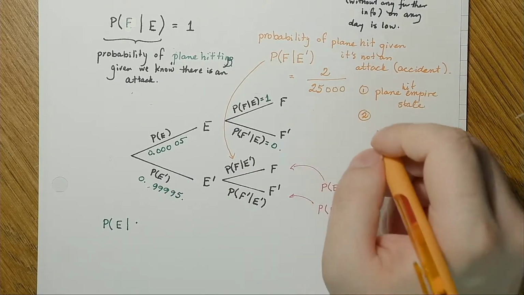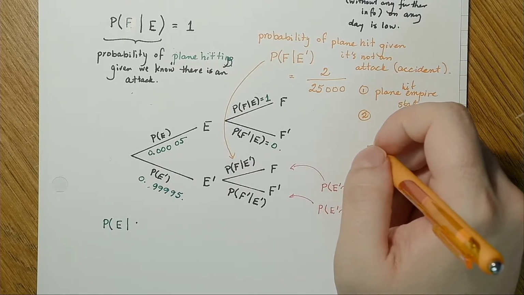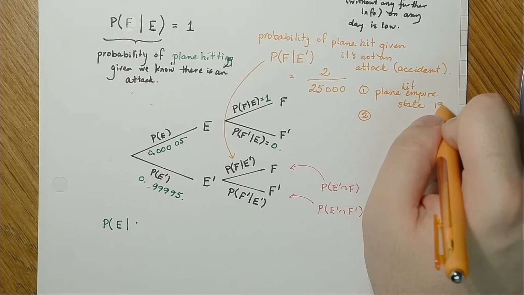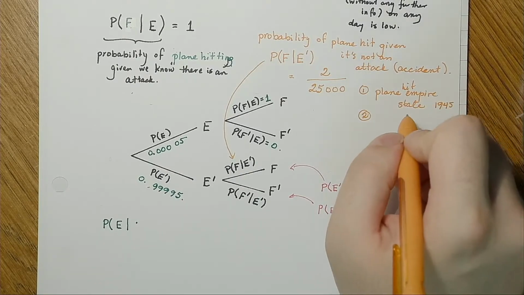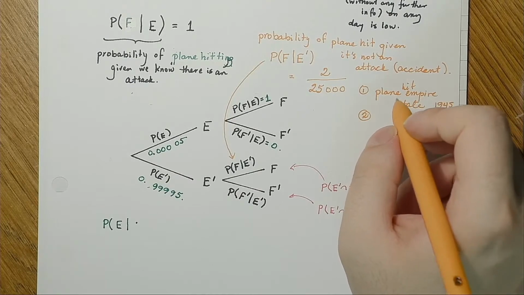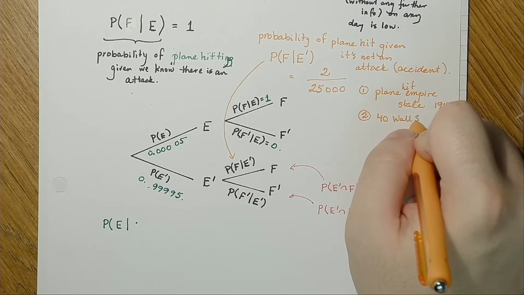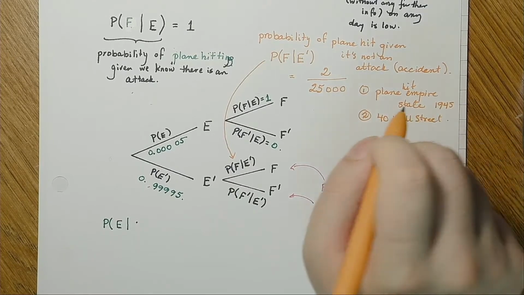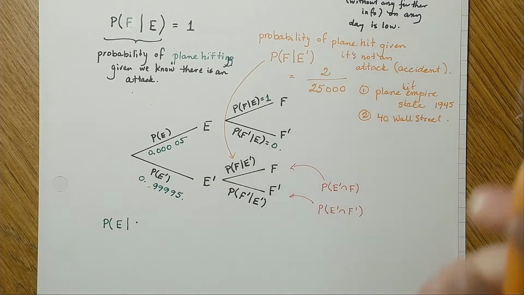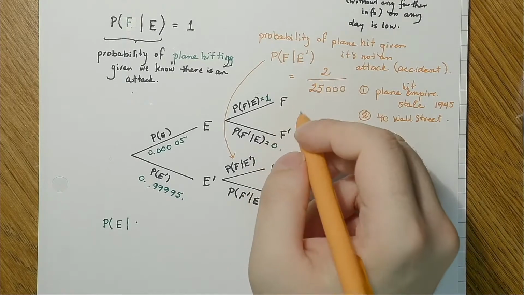And I don't mean during King Kong. It hit in 1945 during the war, I think. And then the following year, another plane hit on 40 Wall Street. So there's been 2 times. So that gives us the probability right there.